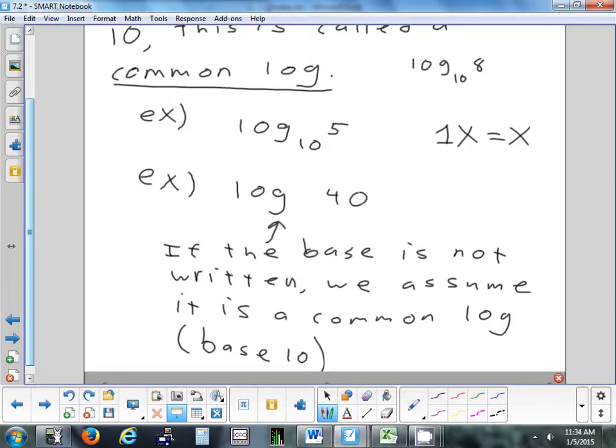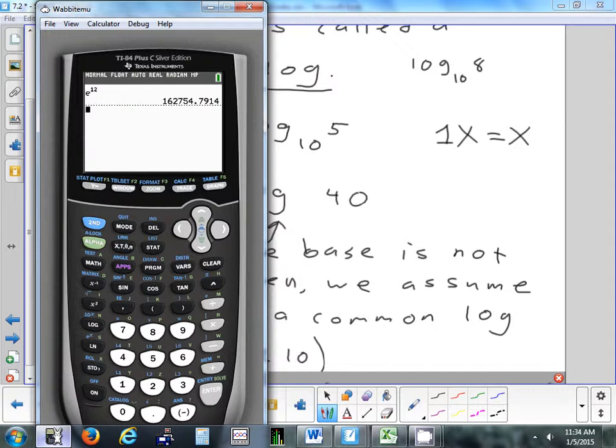Okay, so if the base is not written, you assume it's base 10. And your calculator does it exactly the same way. So I'll bring up my calculator. If I just press log, type in a number, and then hit enter, log of 25. Okay, it gives me the answer.